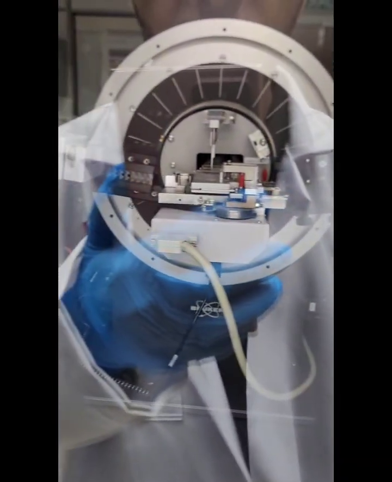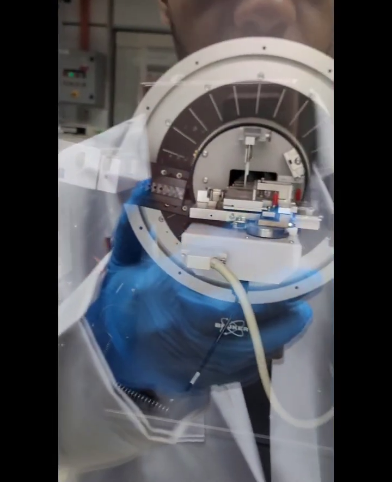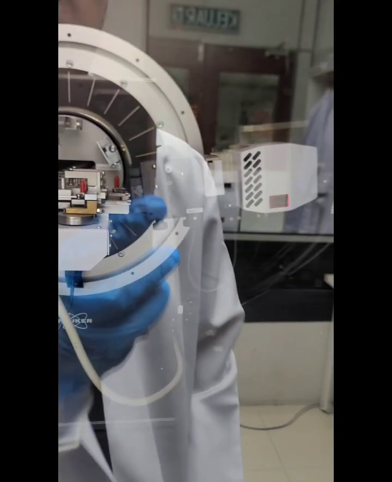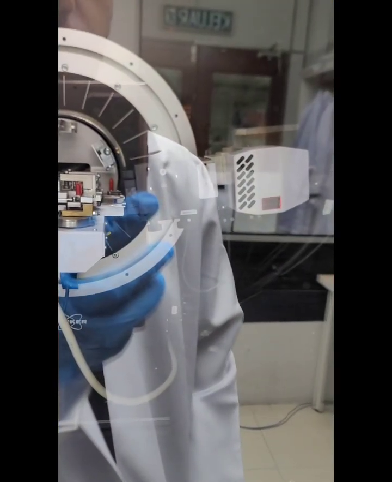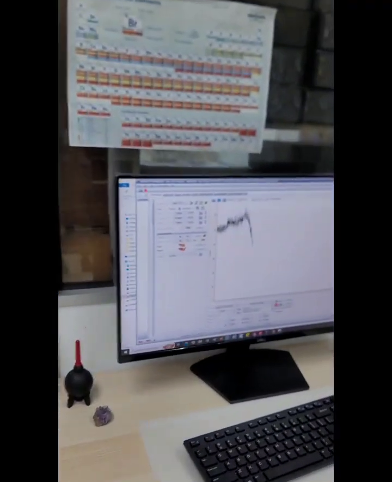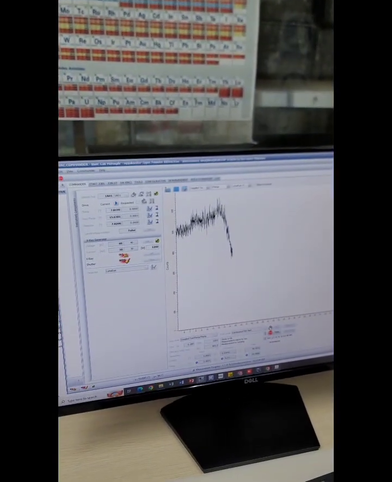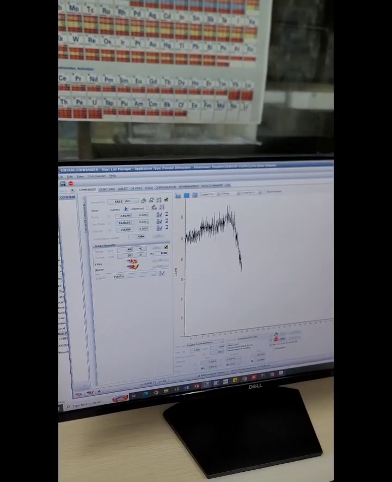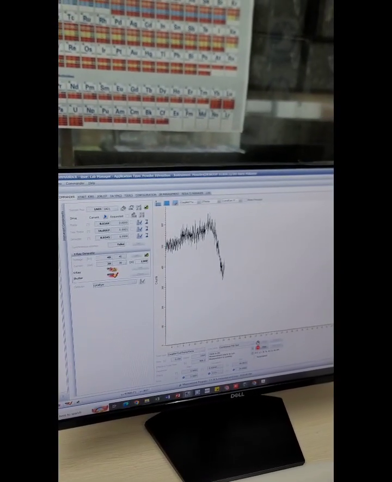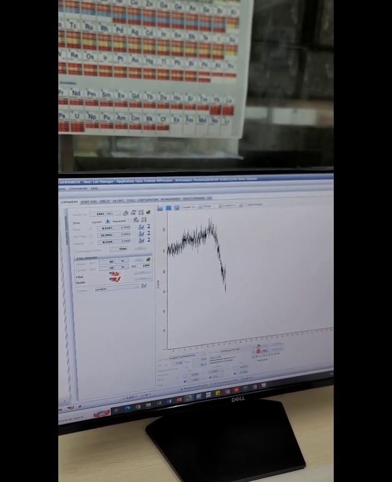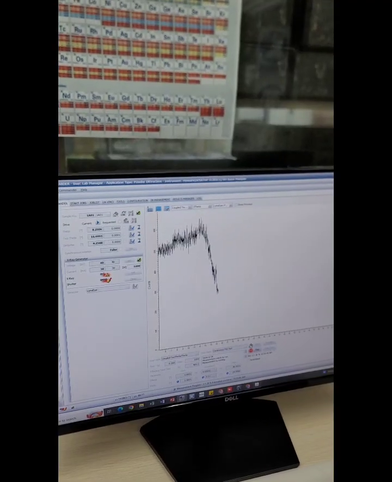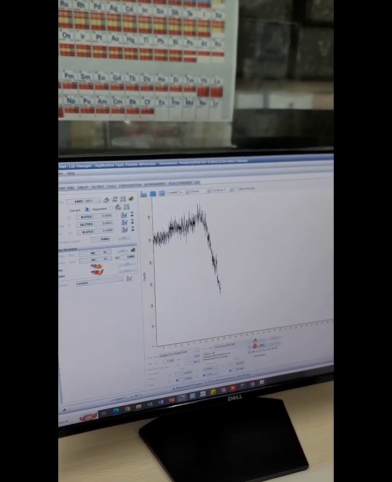When the light is exposed on the sample, it is reflected to the detector, which provides us the result as a spectrum. You should wait 15 minutes after loading the sample to get the results. Okay, up to now, these are our results.